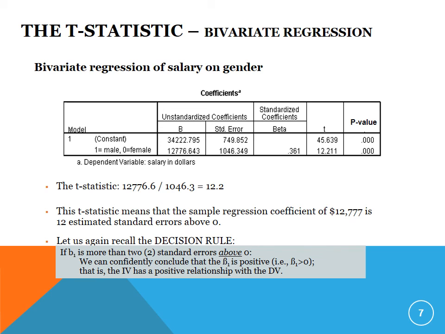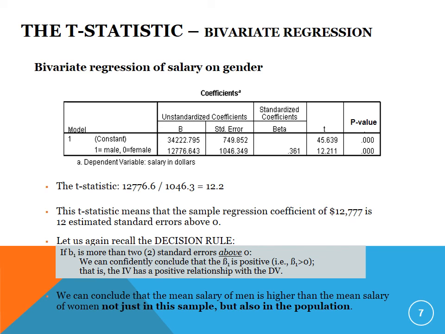We know that we not only can generalize to the population what we're seeing here in the sample, but that what we are seeing here in the sample is that there is a positive relationship between gender and salary, specifically that men make about 13,000 more than females, at least in the sample.